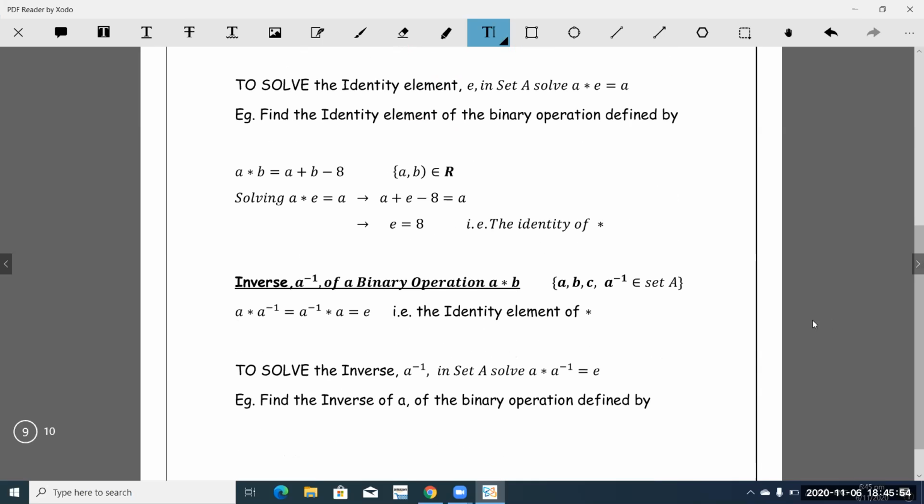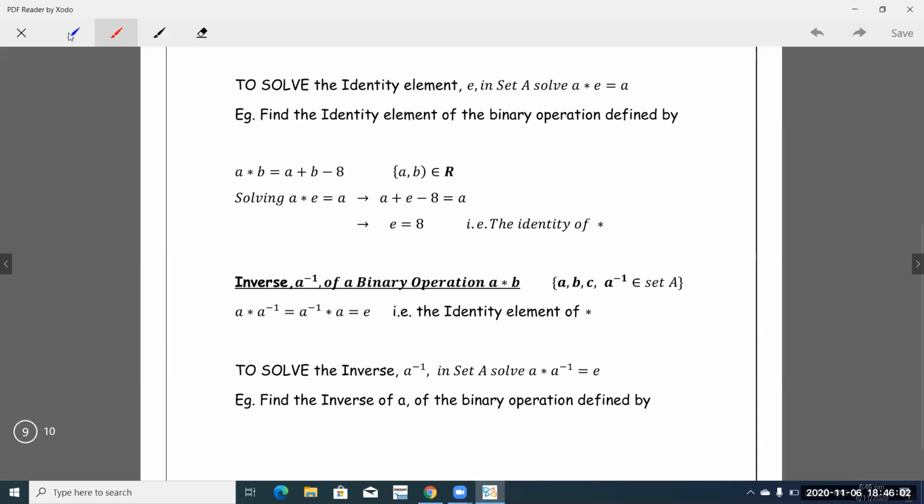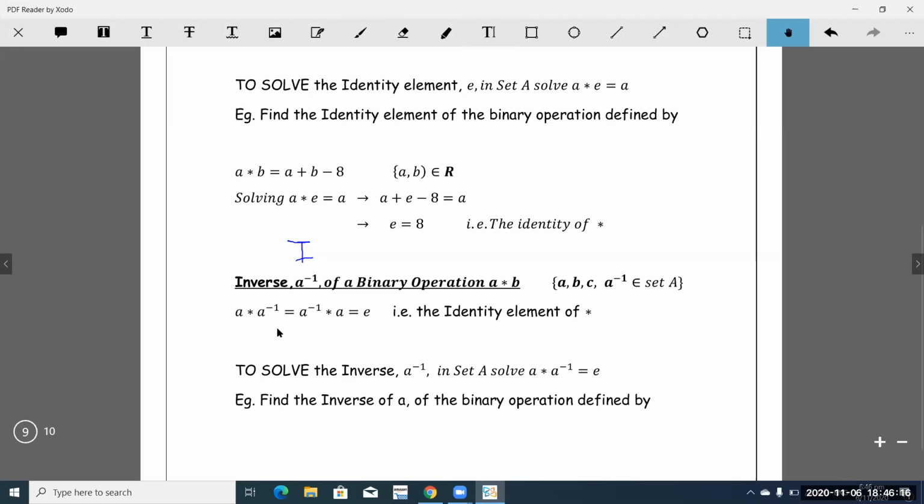Then inverse. For inverse, sometimes I call it A to the minus 1, another time I call the inverse I. There's a reason why I don't like calling it A to the minus 1 all the time, so let's call it I. To find the inverse of a binary operation, whenever the operation star undergoes on some element A and the result gives us back the identity, then that element I, or A to the minus 1, is known as the inverse.